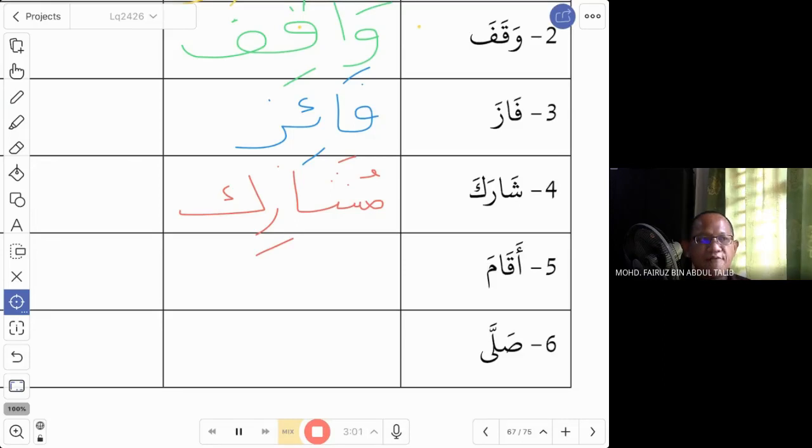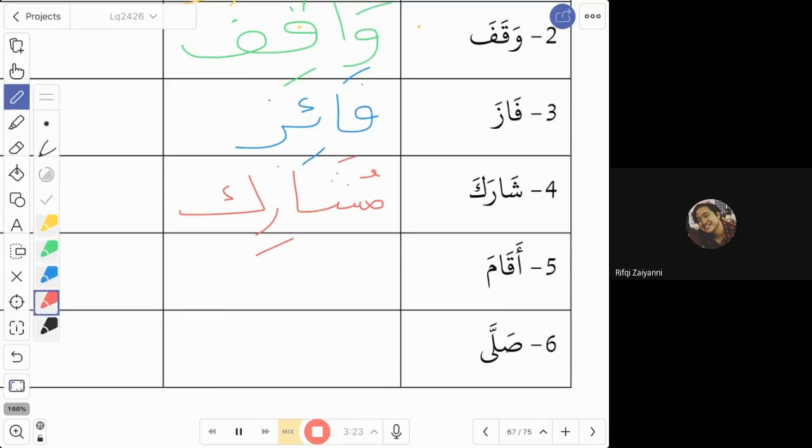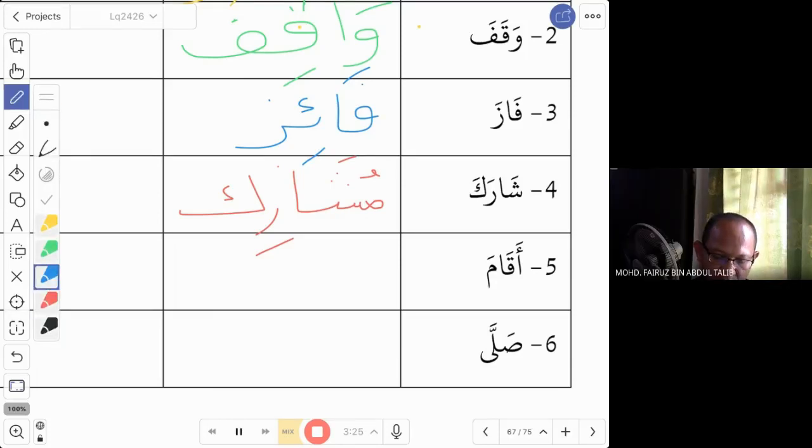The wazn is af'ala, mudari is yuf'ilu. Of course, this has a harf illa, so you will see slight changes. Af'ala, yuf'ilu, aqama, yuqimu. Good, yes.